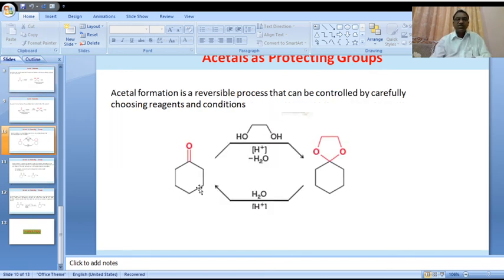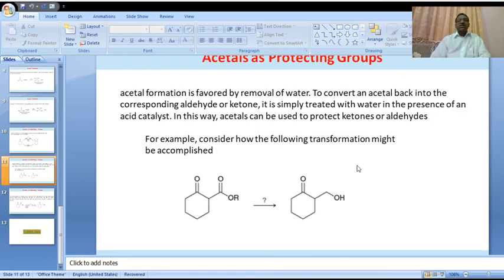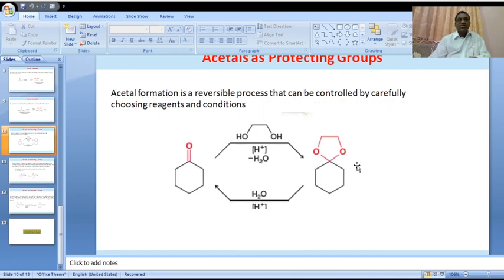Please observe that carbonyl compounds to acetal formation is favored by removal of water. To convert an acetal back into the corresponding aldehyde or ketone, it is simply treated with water.